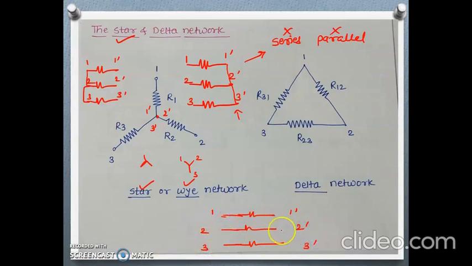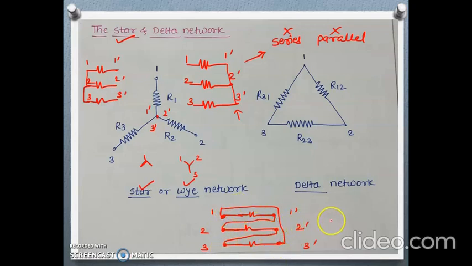In this case, 1 dash is connected to 2, 2 dash is connected to 3, and 3 dash is connected to 1. This is the 1 dash point, this is the 2 dash point, and it is 3 dash.